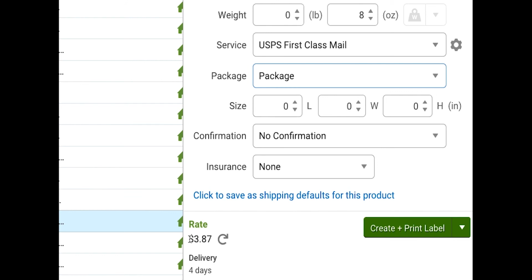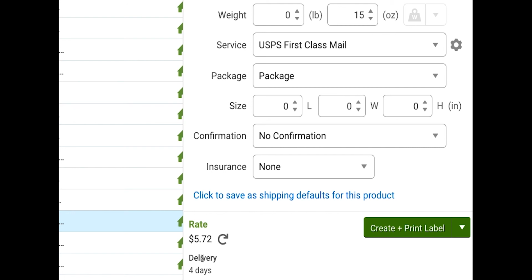Now I'm paying $3.87. And remember when I said that if it's up to 8 ounces, you pay the bare minimum, but as soon as you go to 9 ounces, now you're paying a little bit more. And if I go up to 12 ounces, I'm still paying the same amount, but as soon as I go to 13 ounces, now I'm paying the highest amount for that shipment. Up to 15 ounces, still the same.